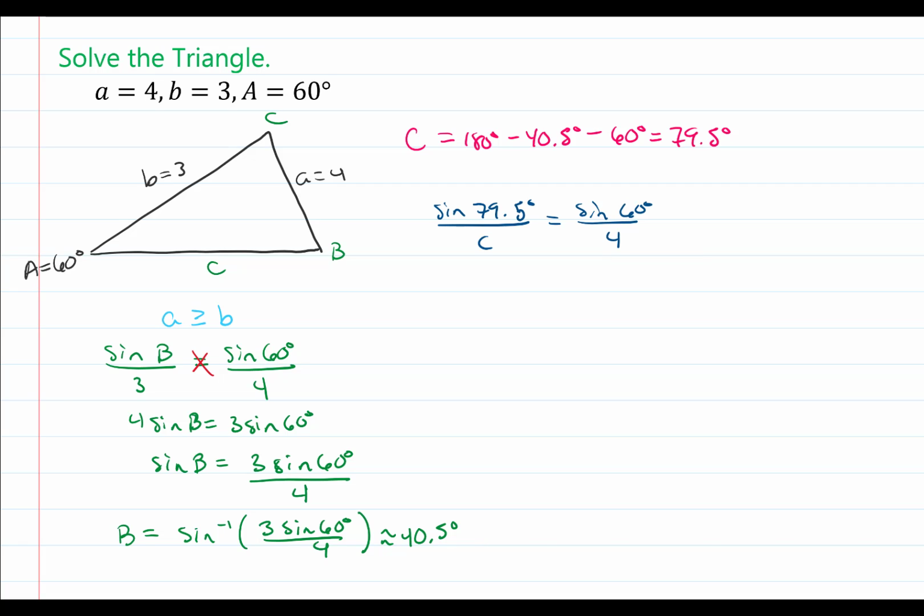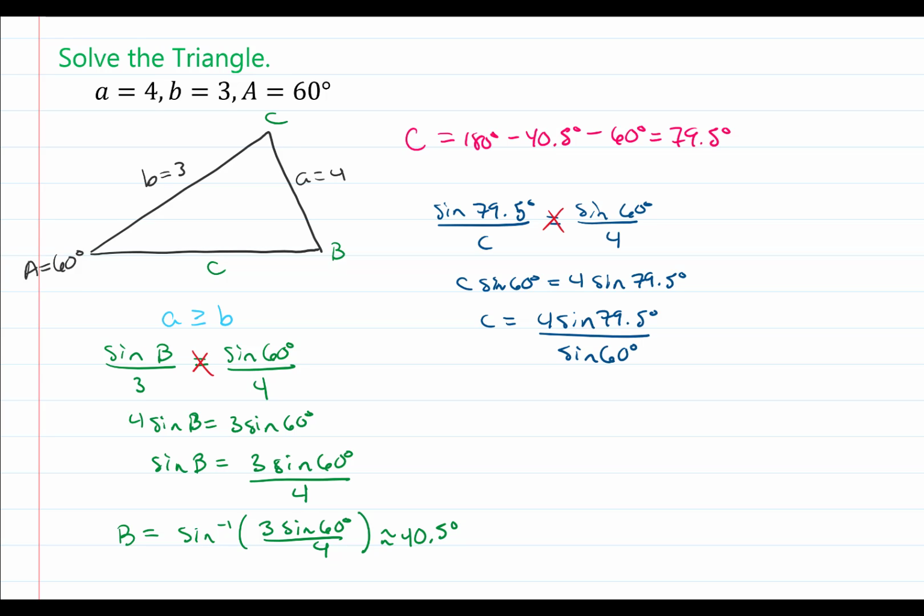Once again, we should cross multiply to solve this proportion for the side C. And so what we get is C times the sine of 60 degrees is equal to 4 times the sine of 79.5 degrees. Divide both sides by sine of 60 degrees, and we get an exact value of C equals 4 times the sine of 79.5 degrees divided by sine of 60 degrees.